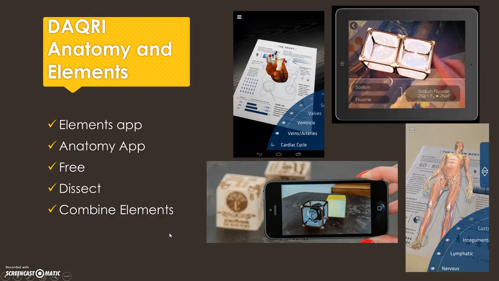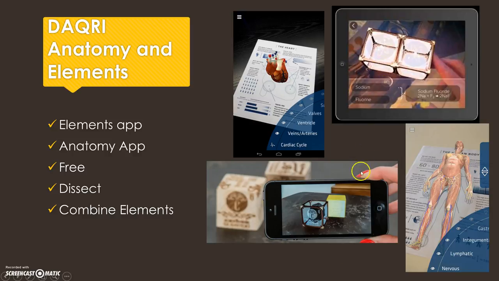Daqri is also a very high quality brand that's offering apps for education. They have an Elements app and an Anatomy app. The Anatomy app has the entire human body, and then one that's specifically the heart, and you can dissect it by layer. It's really very detailed and high quality.